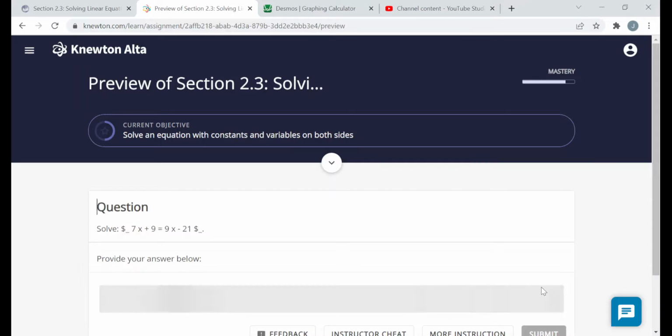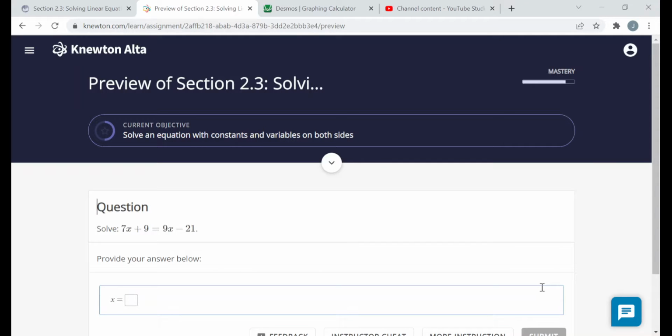Now these, with the variables and constants on both sides, I'll write out. Even though I can see that x would have to be 15 here, I'll actually write these out.